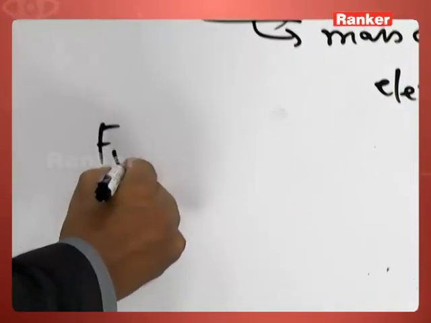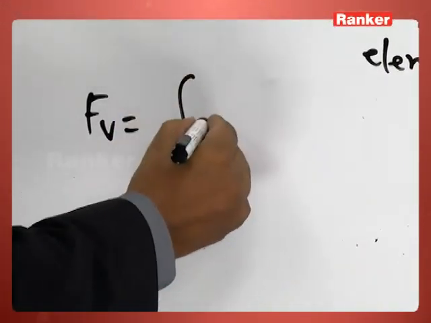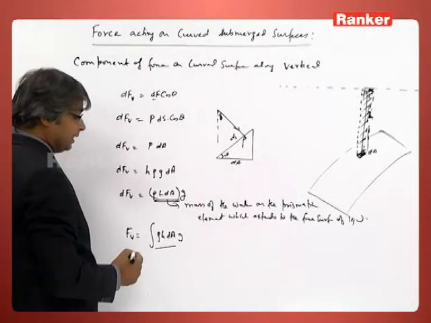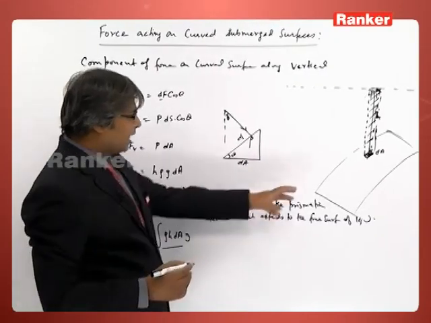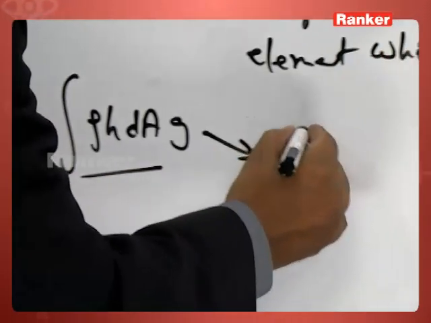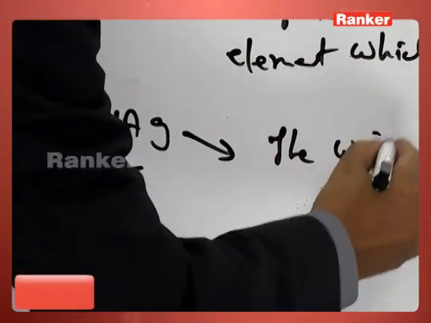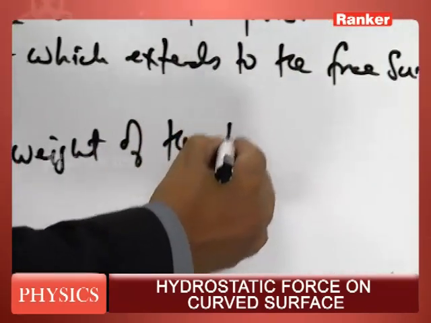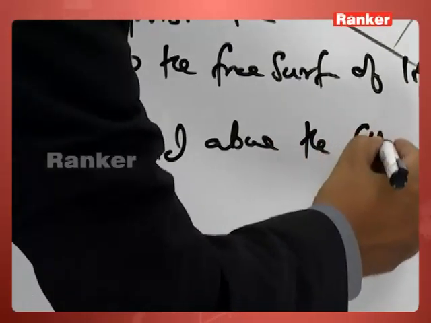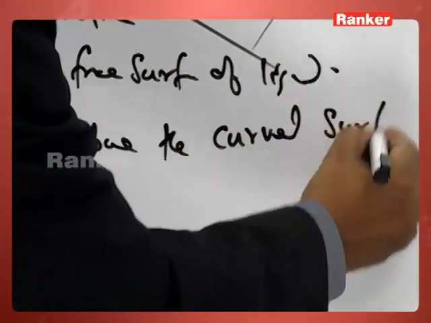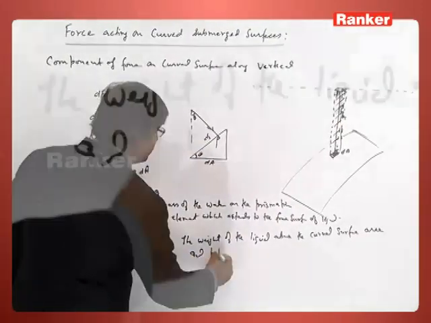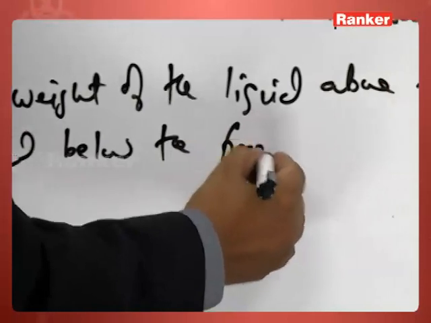So the total vertical force is the integration of this quantity, that is the total. This is the weight of the liquid above the curved surface area and below the free surface.